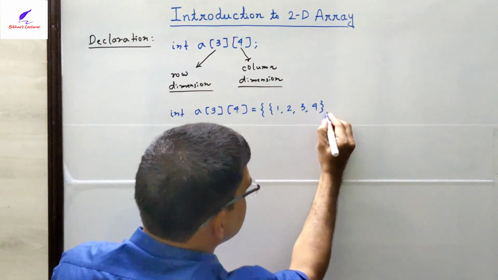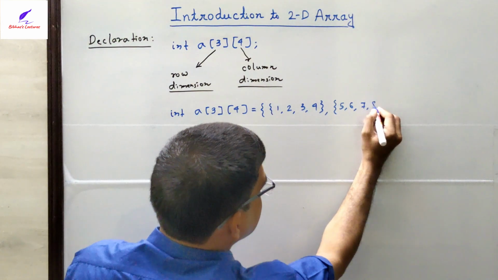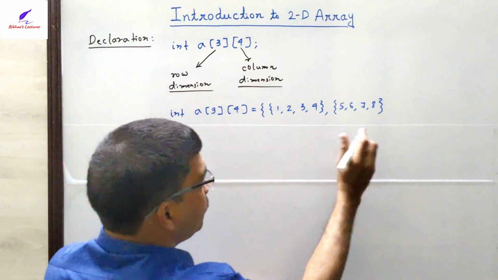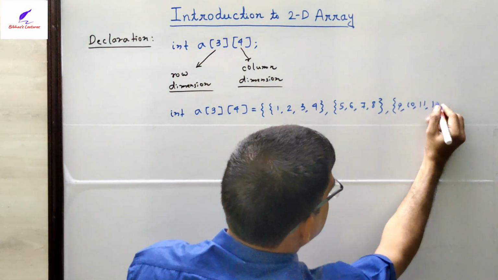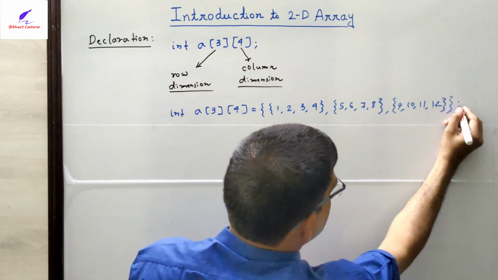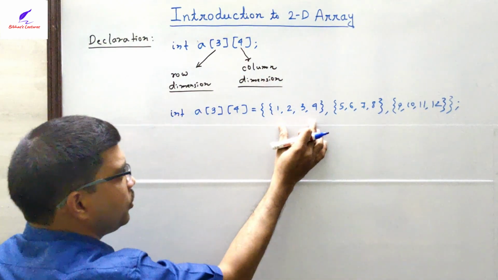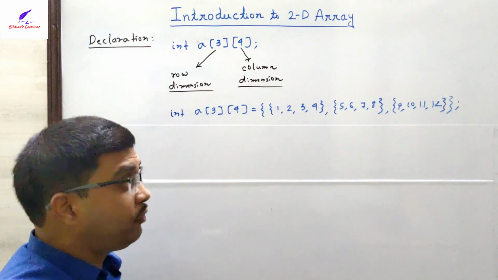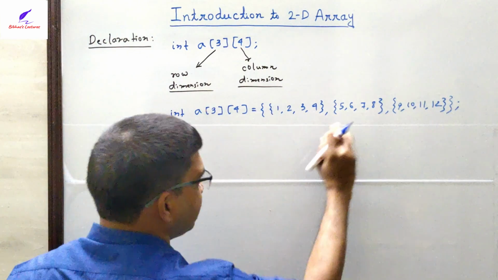Then 5 6 7 8, these 4 elements will be of the second row, and finally 9 10 11 and 12. So this will be the last row. So 3 rows are there, each row contains 4 elements, and all the elements are of integer type. So this 2D array actually contains 3 4s are 12 elements.